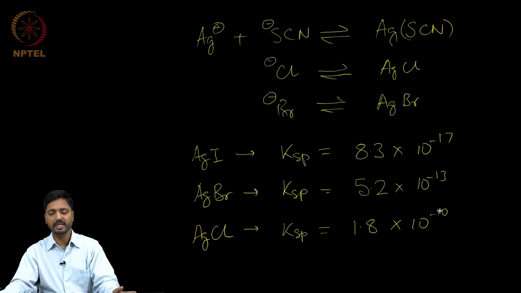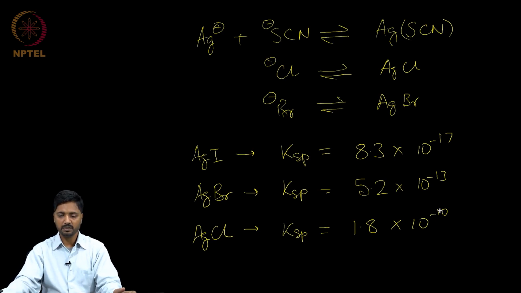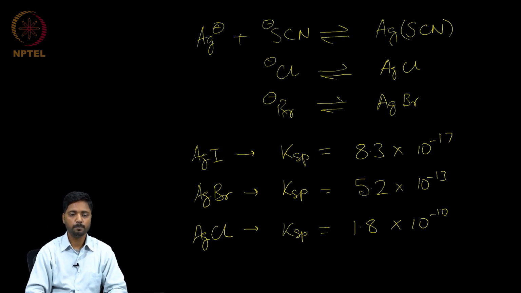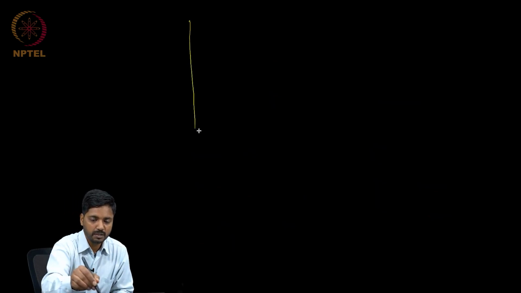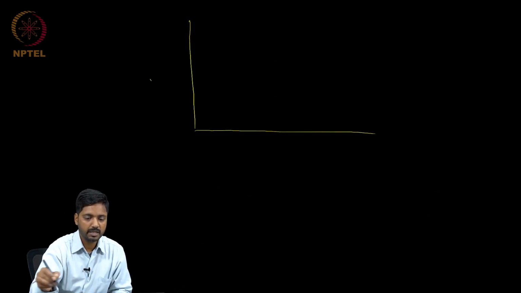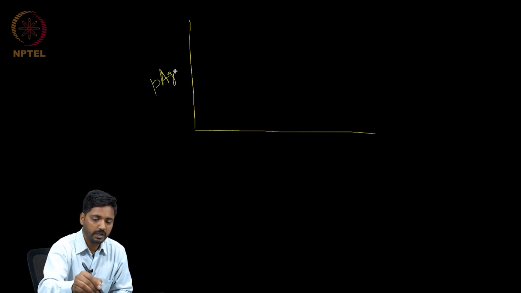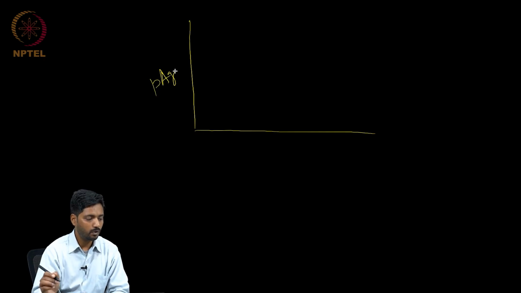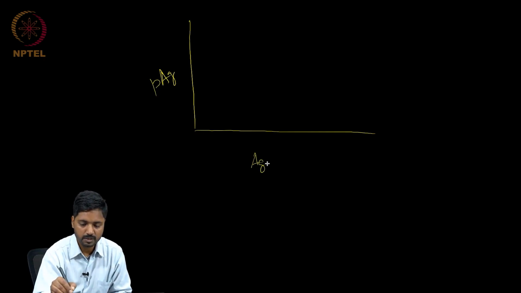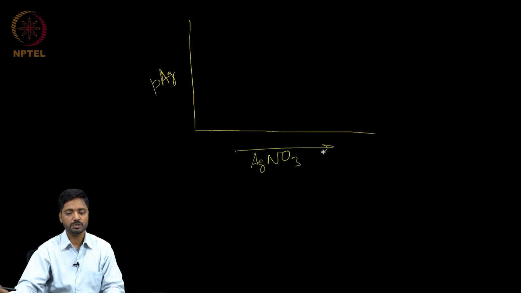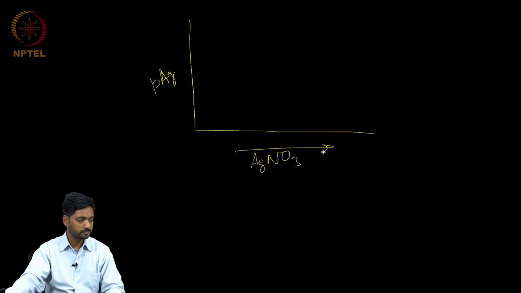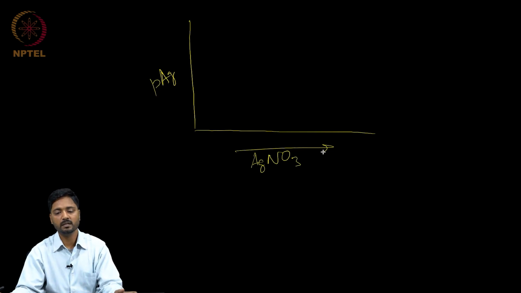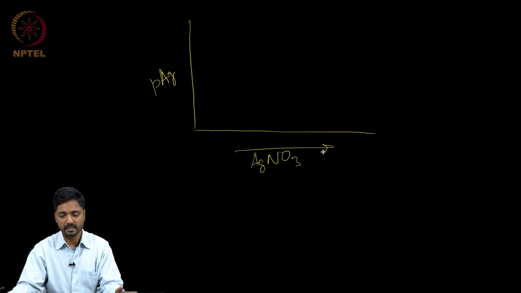So, as we do in titration, what we can do here is we can plot the P function here. In this case, it would be the pAg value of the Ag ions with the amount of silver nitrate that is being added to the solution containing the respective anion.